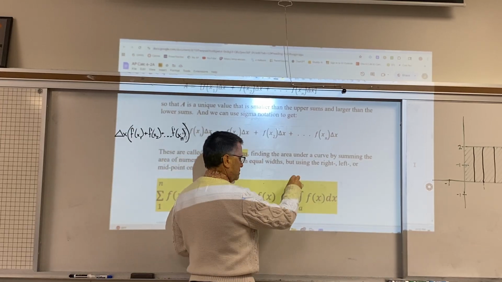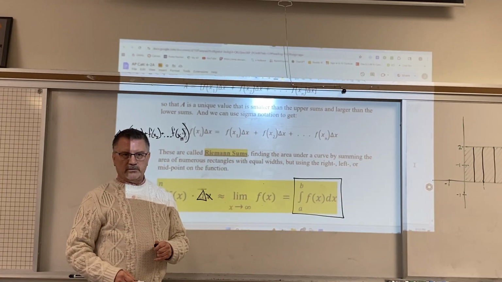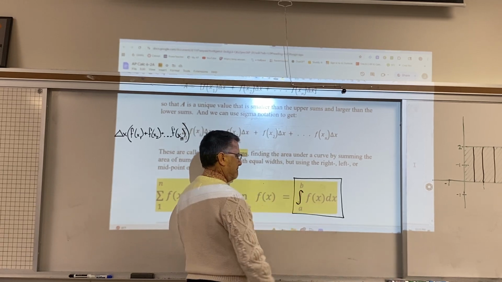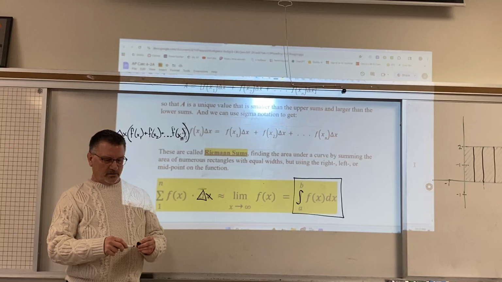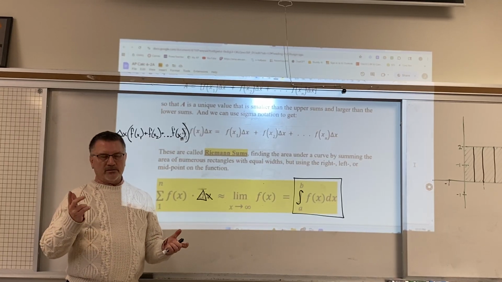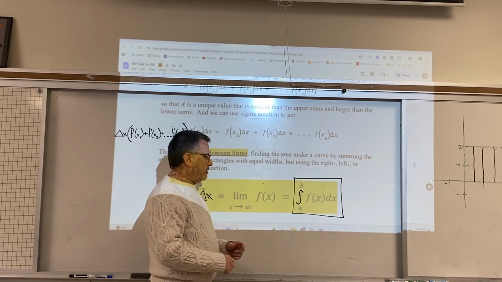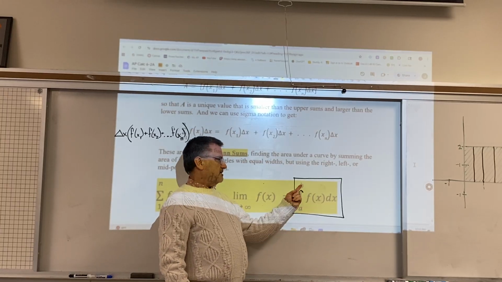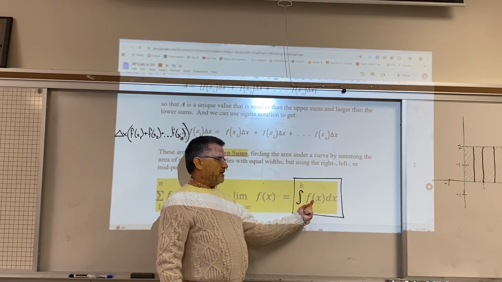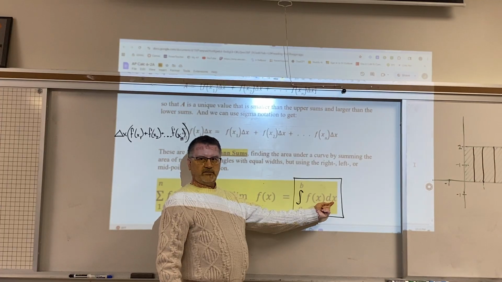I can write it like this. It introduces a new symbol to us: the integral. The integral means, among other things, the area under the curve. The area under the curve between this value of x and that value of x, the area under the curve of this function, dx, change of x.